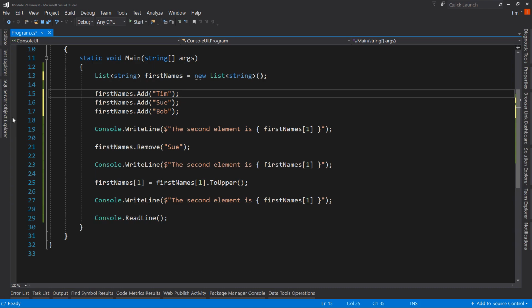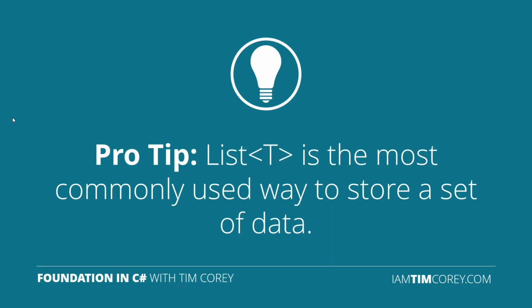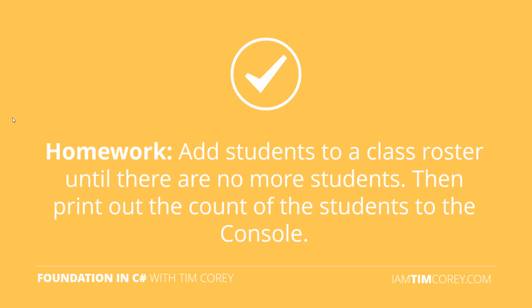Okay. So let's go back to our pro tip real quick and move on to our homework. The homework is to add students to a class roster until there's no more students. Then print out a count of the students to the console. So this sounds like we're going to be using a do loop or a while loop, some kind of loop.